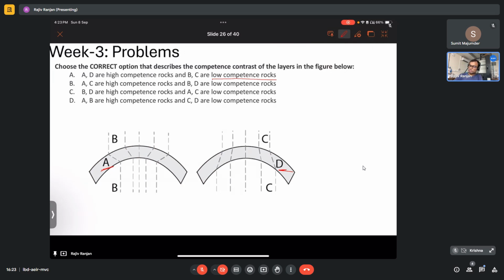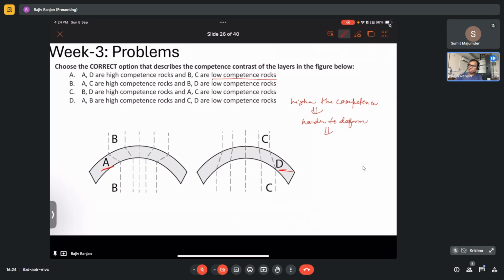So the higher the competence, what does that mean? That means that it will be harder to deform.